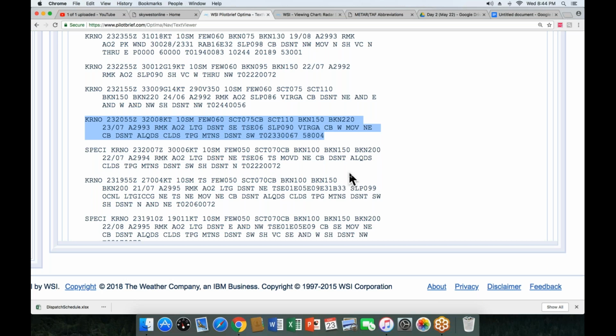There's a 10 statute mile visibility, a few clouds at 6,000 feet, scattered cumulonimbus clouds at 7,500 feet, scattered clouds at 11,000 feet, broken clouds at 15,000, broken clouds at 22,000. The temperature is 23 degrees Celsius, dew point 7 degrees Celsius. The altimeter is 29.93.